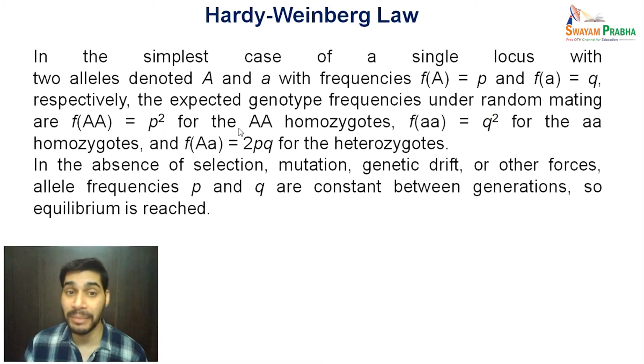And the sum of all these, that is p square plus q square plus 2pq, will be 1. In the absence of selection, mutation, genetic drift or other forces, allelic frequencies p and q are constant between generations. So they are not going to change, or in other words, equilibrium is reached.